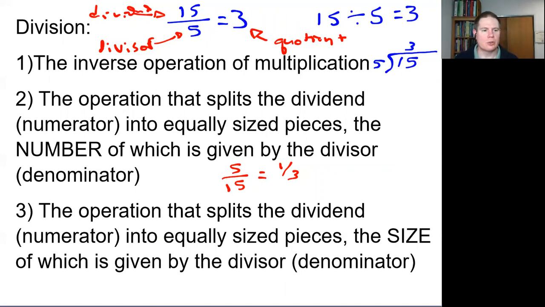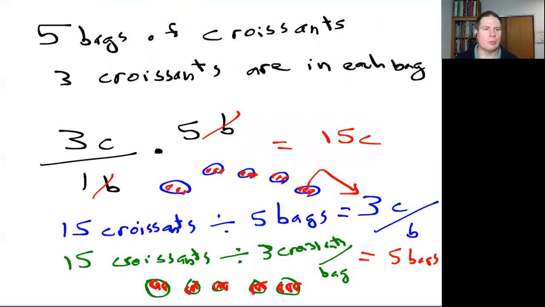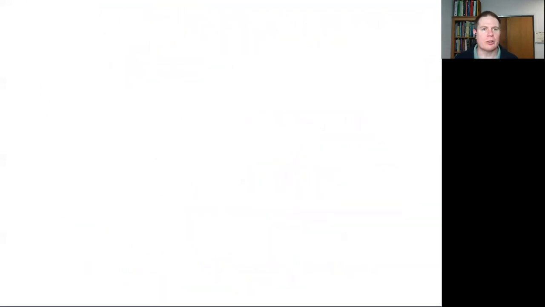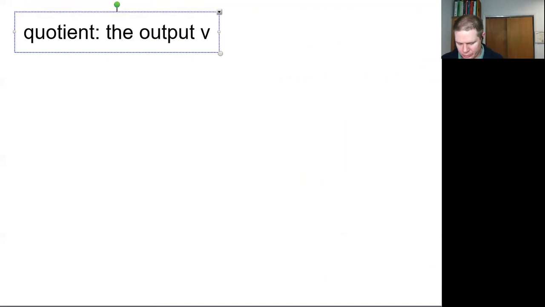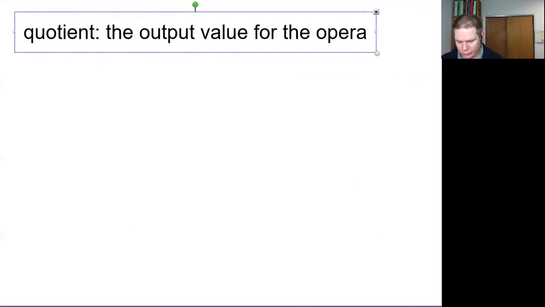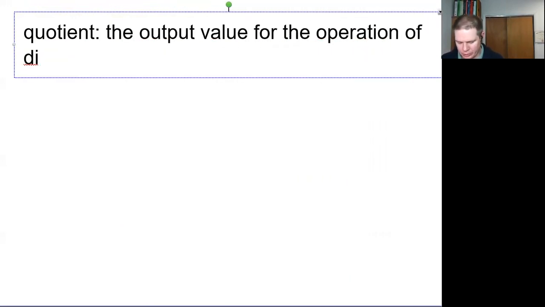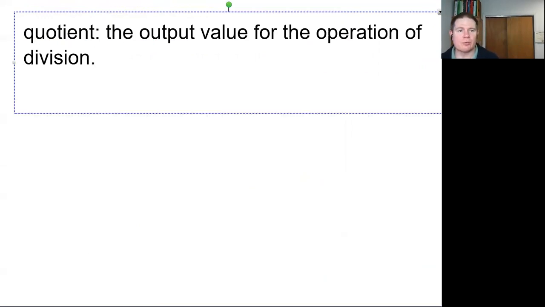Because these are formal definitions, I feel obligated to write them for you. So for division, the quotient is the output value of the operation of division. That's the same format as our other output values of sum and difference and product.